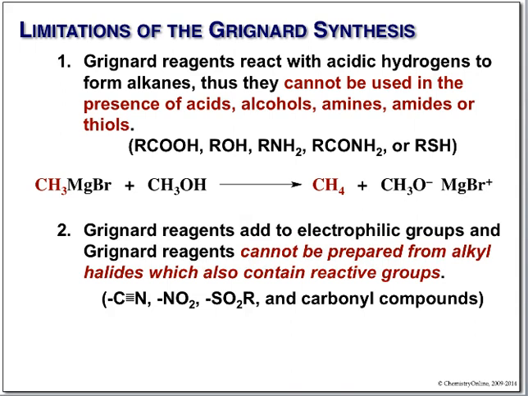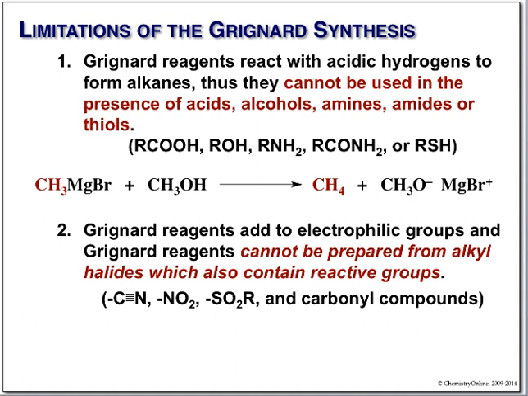The other limitation, if we happen to have other reactive groups, again, more than one functional group in our molecule, like nitriles, nitro groups, sulfonates and stuff like that, other carbonyls, these are going to add the Grignard as well. So if you have a complicated molecule with other functional groups or acidic groups, Grignard reactions don't work. Otherwise, they're nice and clean and happy.